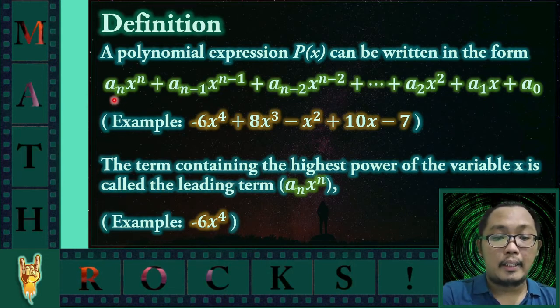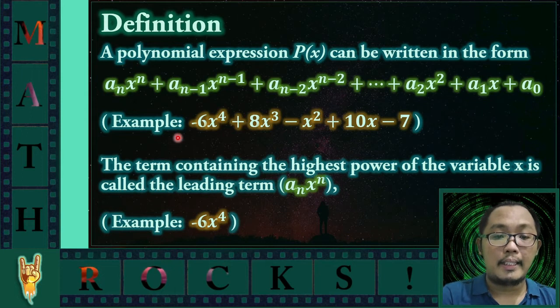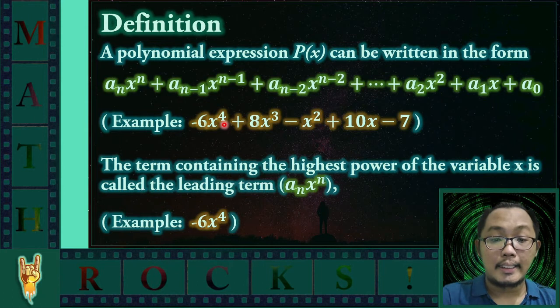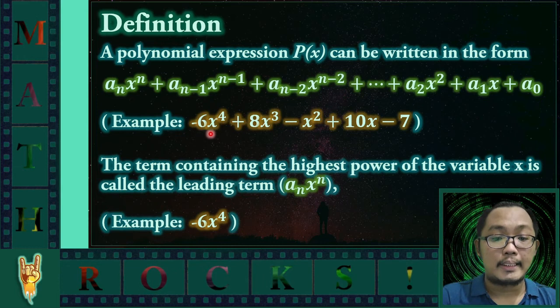So in our general expression, the leading term is a sub n x raised to n, while in this example, you only need to consider the highest exponent, and the term containing such highest exponent would be the leading term. In this case, we have negative 6x raised to 4.